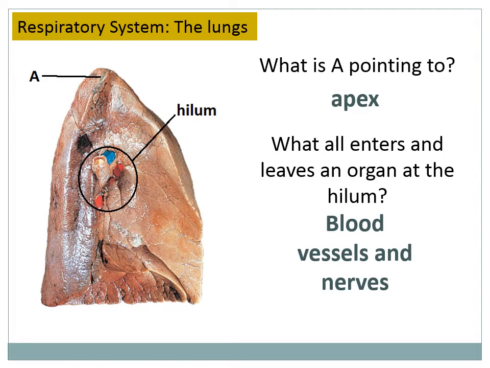We see the blood vessels and we see the nerves entering and leaving an organ at the hilum. We're going to see a hilum again later on in the semester. So if you go to page 471, you can actually circle where the hilum is and label it just so that you know what we are talking about.